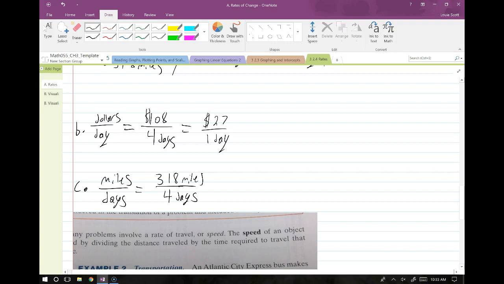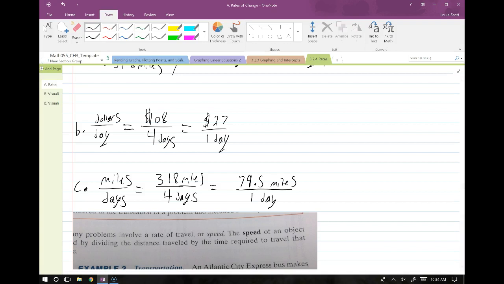Now, I divide 318 by 4. And that gives me 79.5 miles per 1 day. That's my rate. Okay, so you just need to identify what two quantities they want in a ratio, and then plug those quantities in.